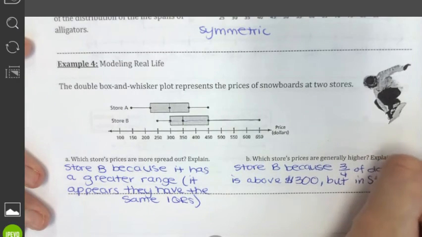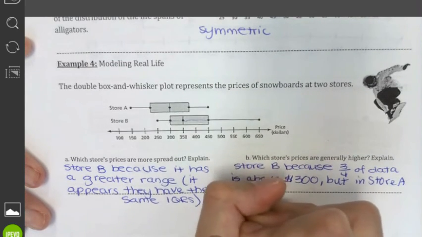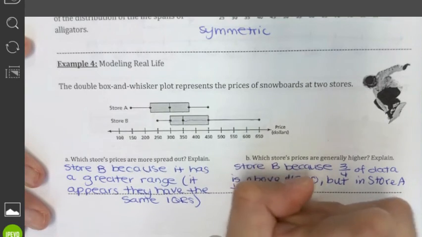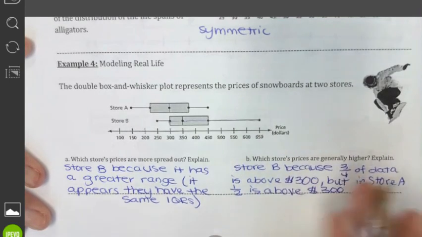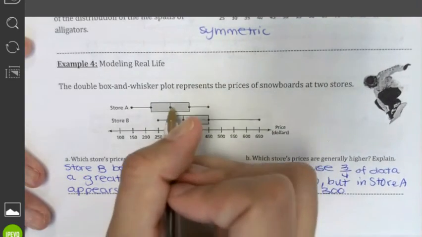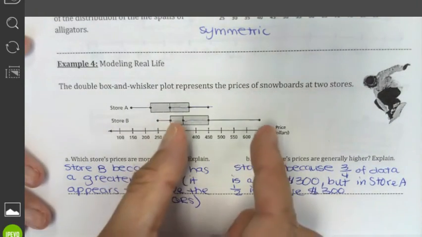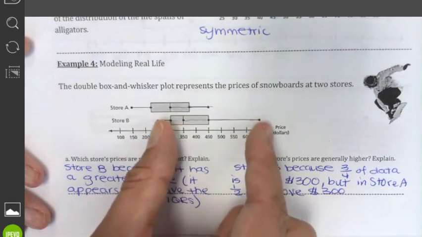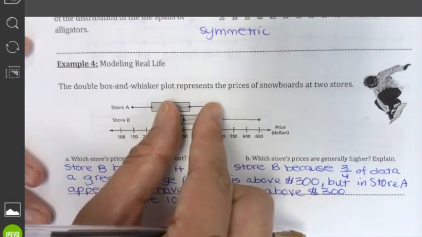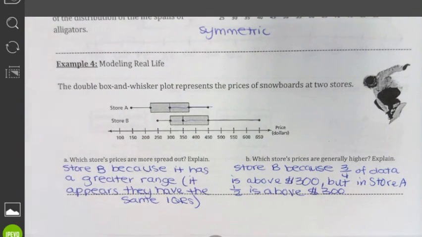But in store A, 1/2 is above $300. So here's 300 for this. This is 1/4 and 1/4, which makes just 1/2 of the data. So 3/4 of the data being greater than 300 tells us that the prices are higher than the 1/2 of the prices above 300. And that is the end of our 10.5 Box and Whisker Plots notes.